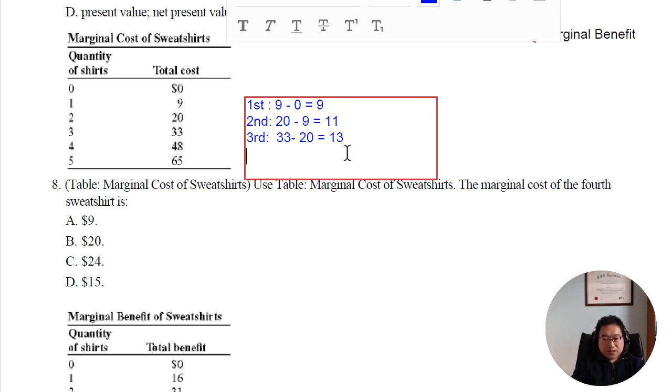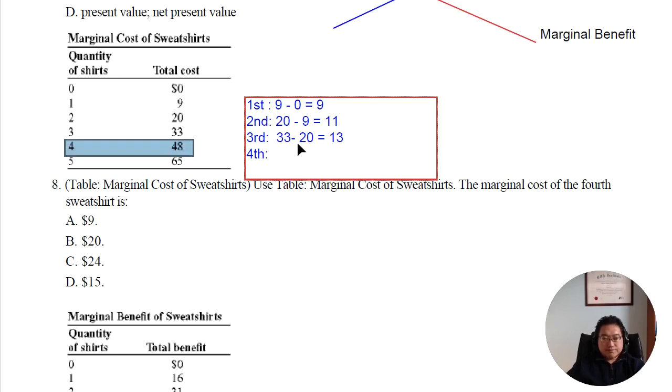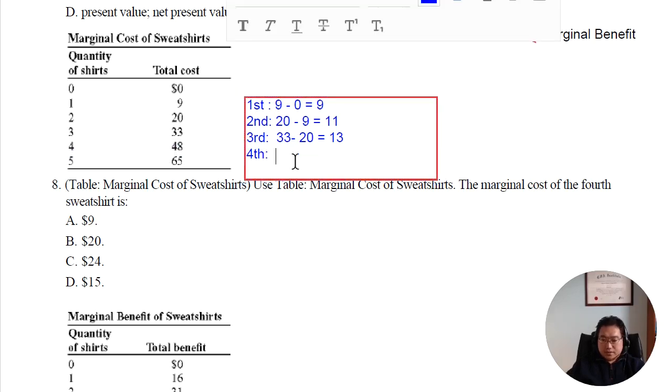And we were asked about the fourth sweatshirt's marginal cost. And that will be, let's see, where's this fourth? Here, at 48. So it's 48 minus the last one. If you have produced 3, your total cost is 33. So minus 33.